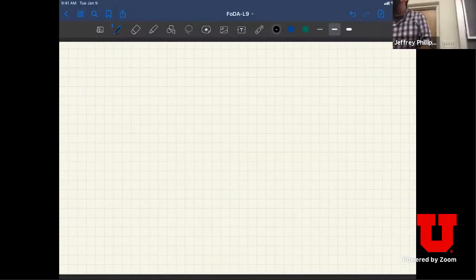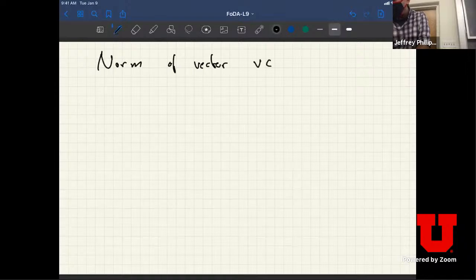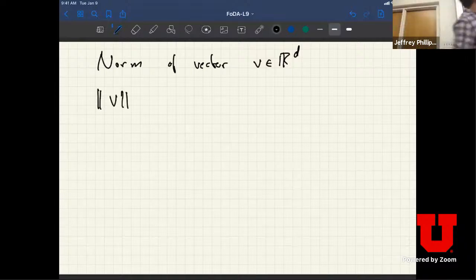So let's start with norms of vectors. Let's define this. The norm of a vector v in R^d, I'm going to write as these two parallel vertical lines.